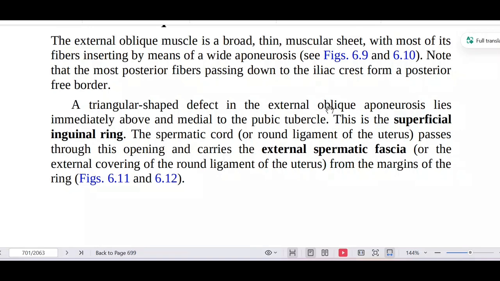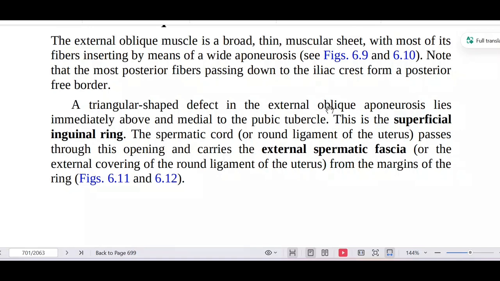On that part there is a triangular defect, or opening, in the external oblique aponeurosis, and this triangular defect forms a ring called the superficial inguinal ring, which is very important for the passage of the spermatic cord.